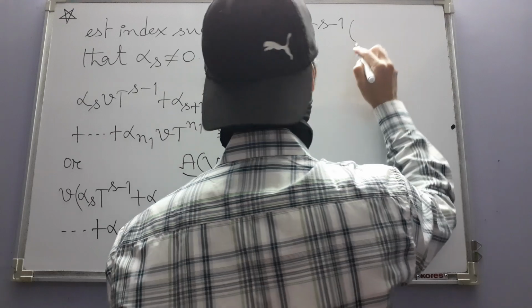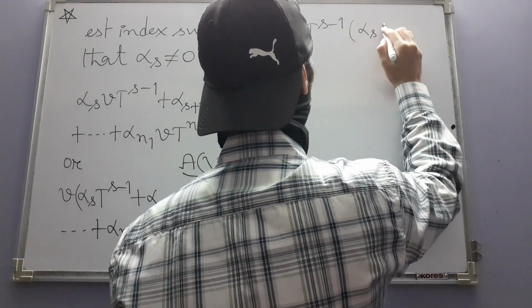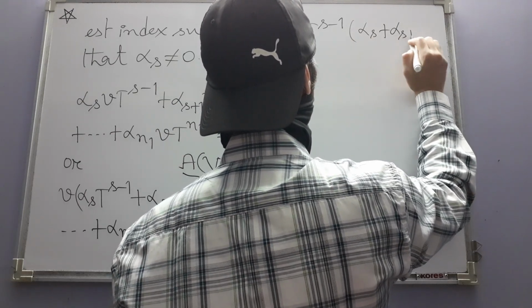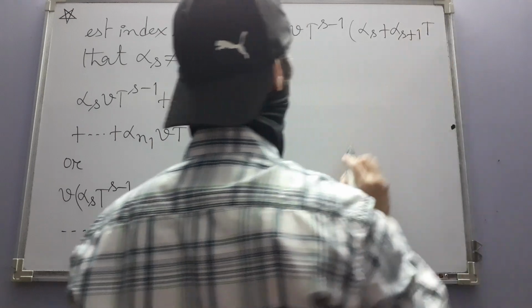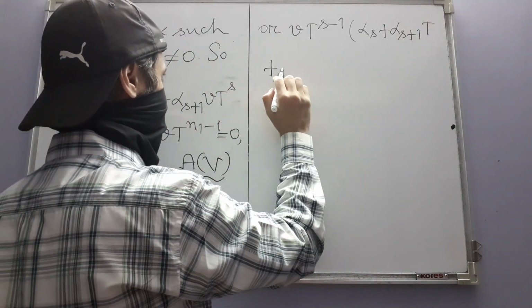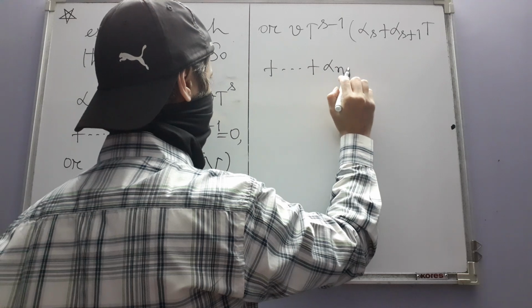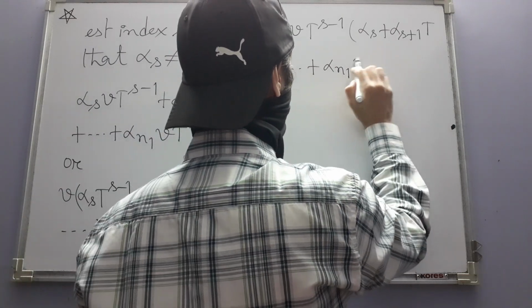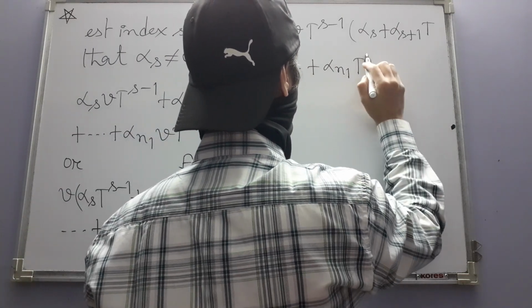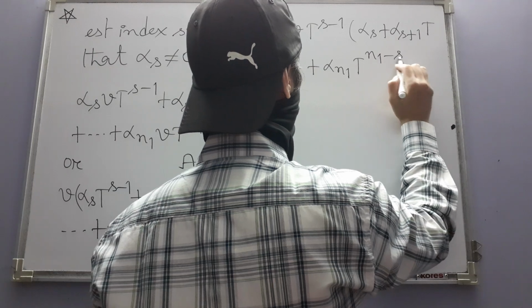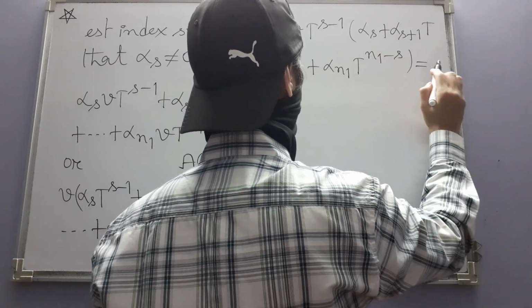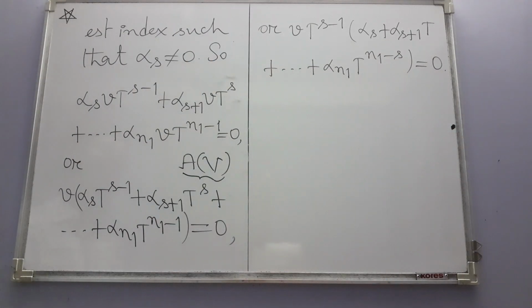And we will be left with alpha s plus alpha s plus 1 t and so on. And finally we have n1 minus s equal to 0.